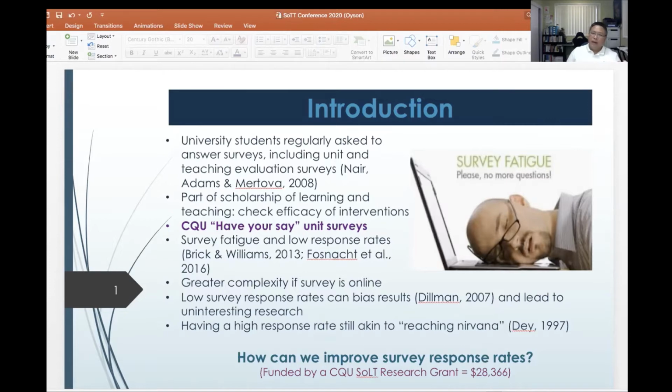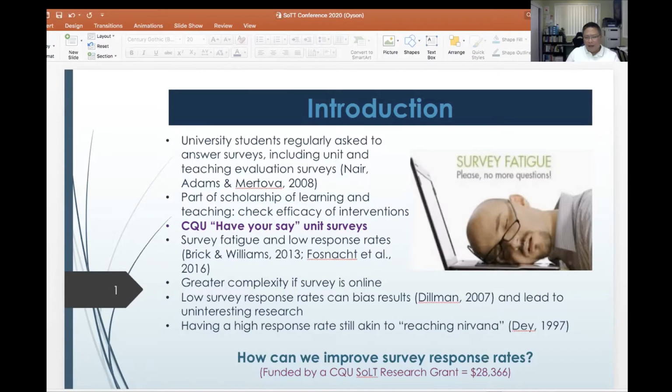And a lot of us have the responsibility to engage more deeply in the scholarship of learning and teaching, and we need to get our students most of the time to answer these surveys. So we need to consider constantly the question of how we improve survey response rates.